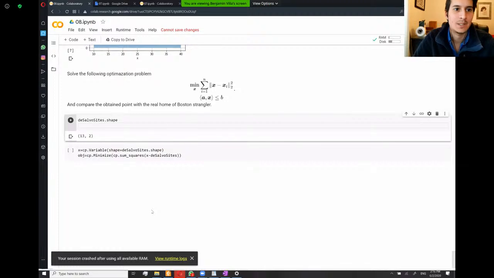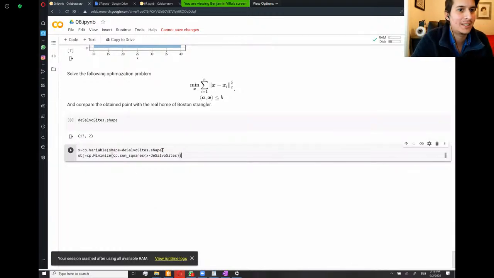Yeah. 13,2. You see, you need to transpose then. Before doing the subtraction, you need to do the transpose of the salvo sites. Or there you can put dot t. Sí, es lo que me está intentando acordar. Punto T para transponer directamente. Yes. I'm not sure, but I think that works now.